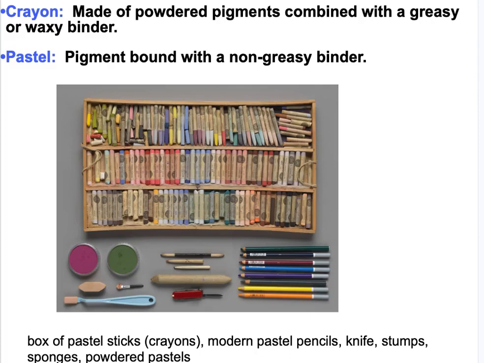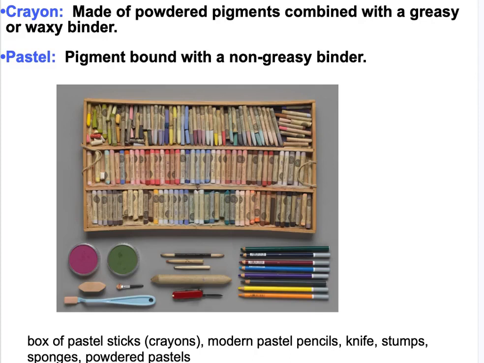So the color that you see is the result of whatever pigment they use, just like I've been talking about, made from minerals, made from plant materials, things usually in nature, some now made synthetically. And both are mixed with some sort of binder. Remember, the binder is the thing that's going to hold it into the stick shape that it's in.